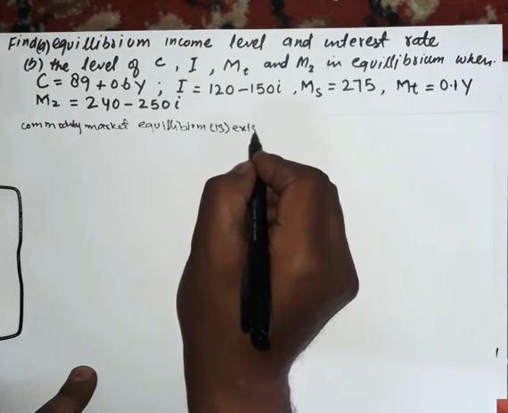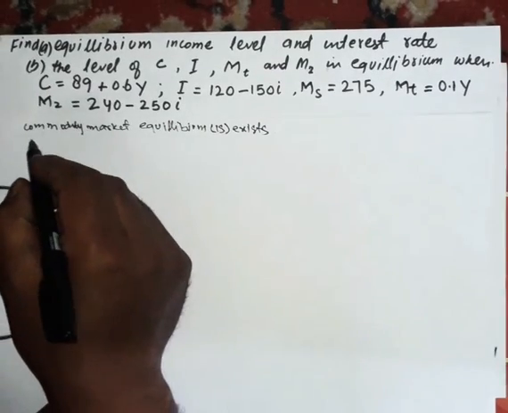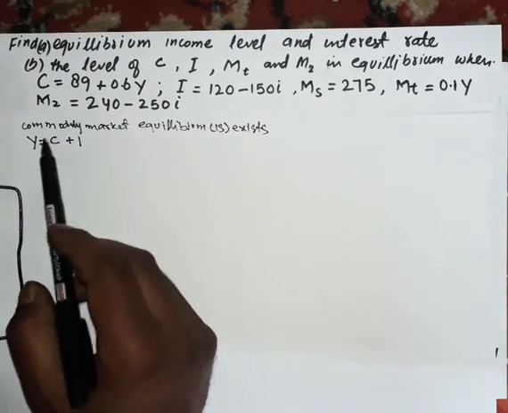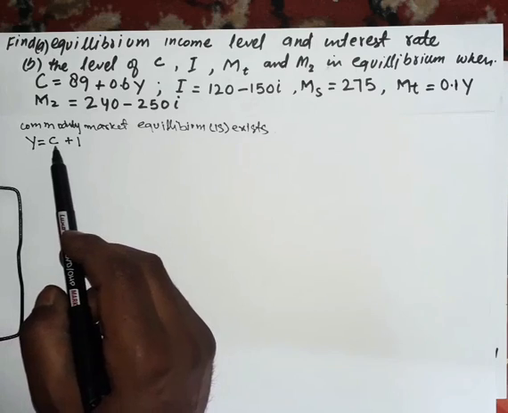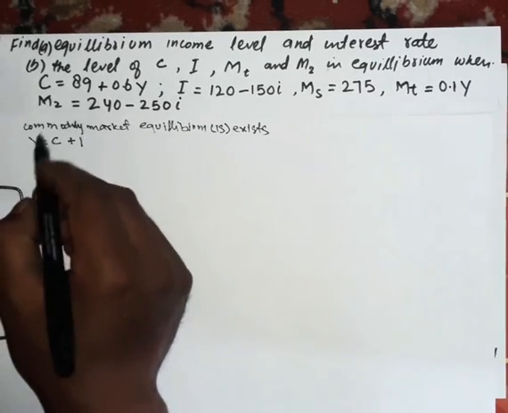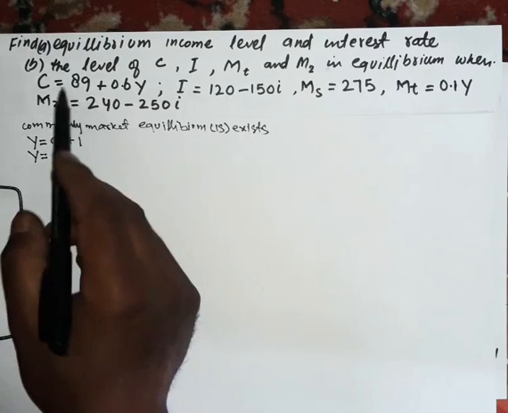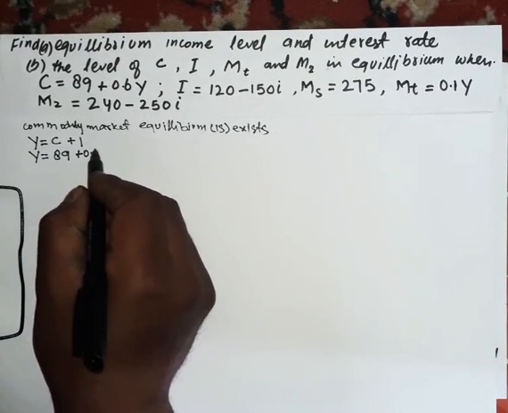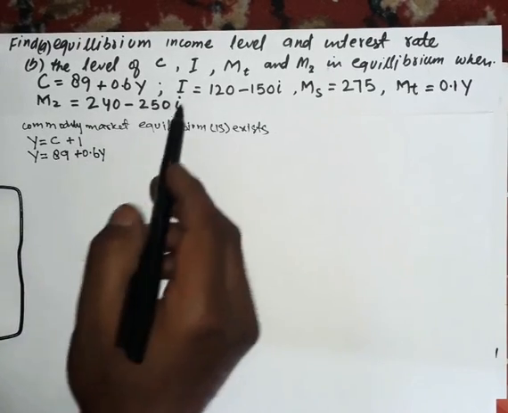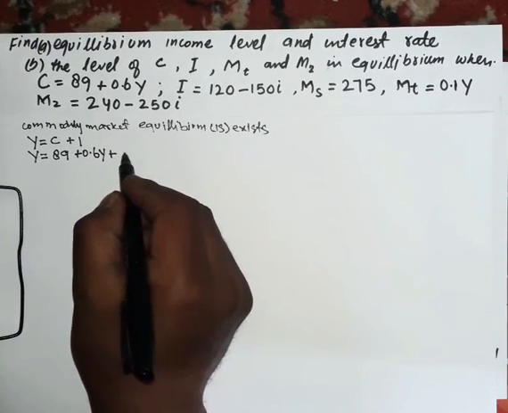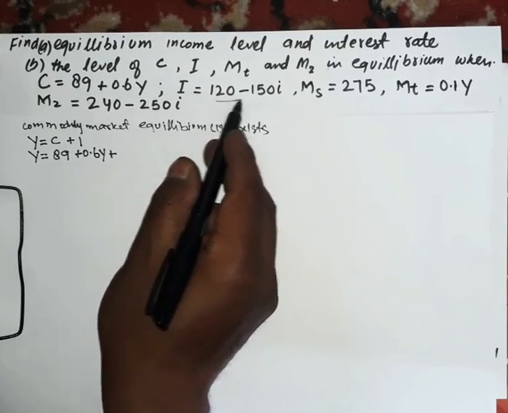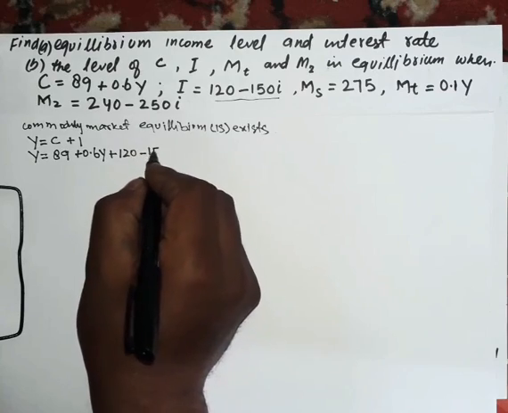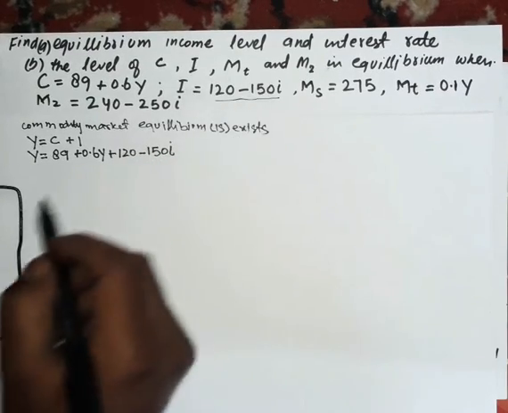It exists when Y is equal to C plus I, that is, total income is equal to total consumption plus total investment. Now Y is equal to C, that is 89 plus 0.6 Y, plus the investment function I is equal to 120 minus 150 I, where I stands for the rate of interest.